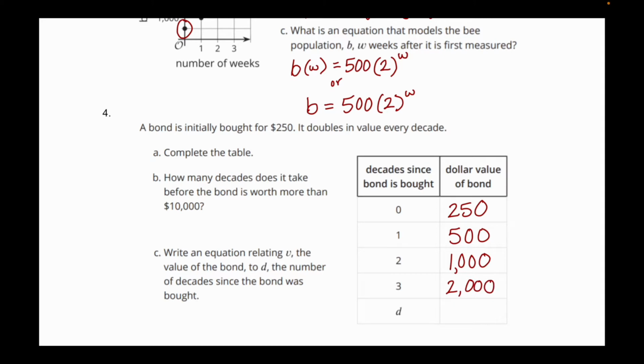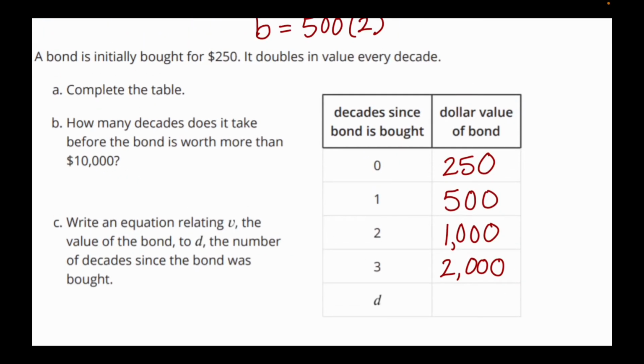And now D is just the decades. So we're actually going to finish this table as we kind of write our expression. But when they give you just a general variable right here, they want you to write what your pattern is or what you've been doing each time in the space to the right.